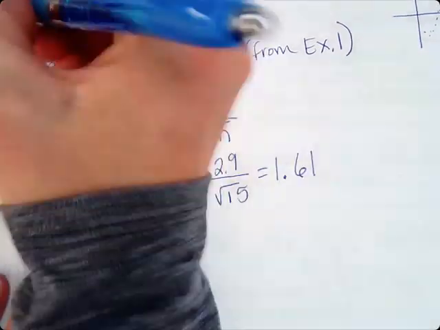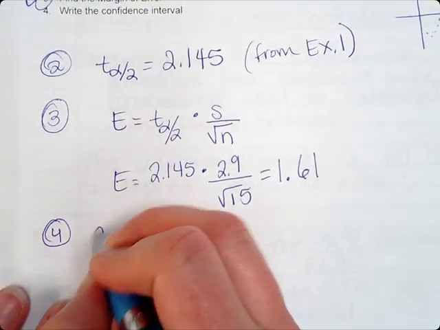Okay, and then number 4 is find our confidence interval.